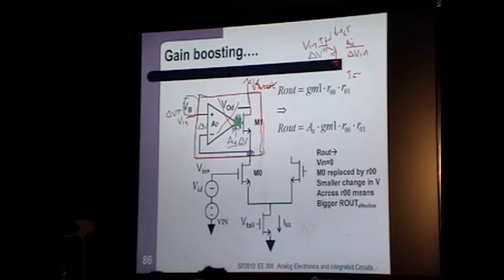So if I move the gate voltage that much more, I'm going to get that much bigger change in current.